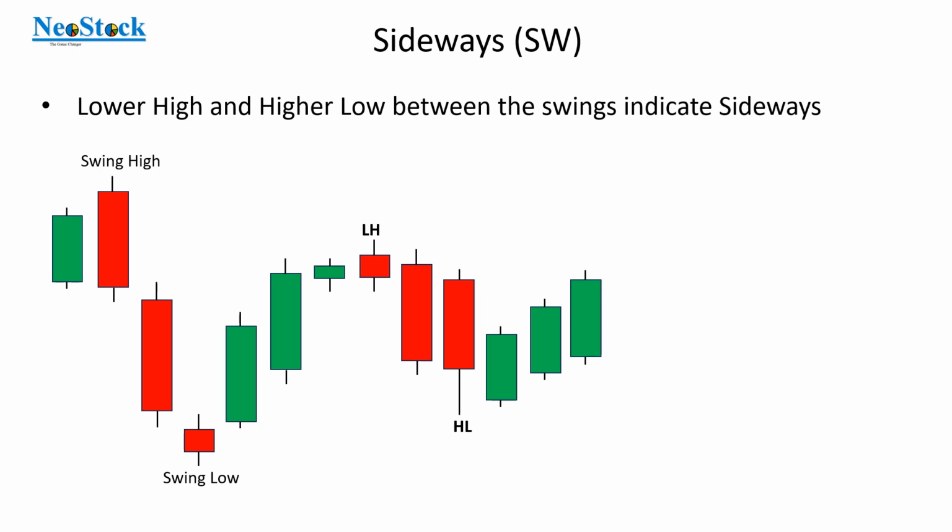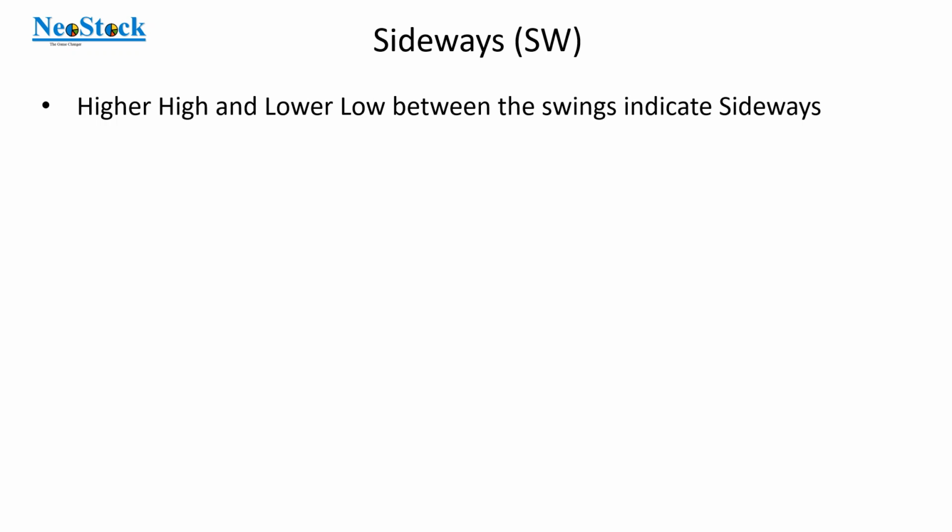Now we can expect the prices to be moving in a range. So it indicates sideways. Now let us look into one more type within the sideways. Next type, second type. Higher high and lower low between the swings also indicates sideways.